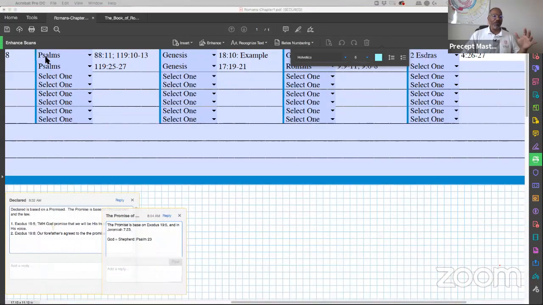So we got to go there. We want to read it, make sure that it goes with what we're trying to pump, and make sure we understand it. And it says in Esdras 4:26 and 27, then he answered me and said, the more thou searchest, the more thou shalt marvel.